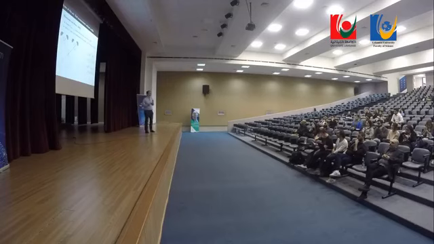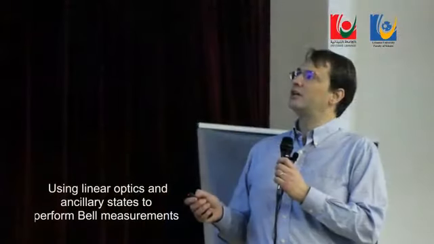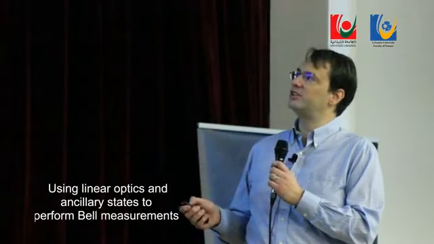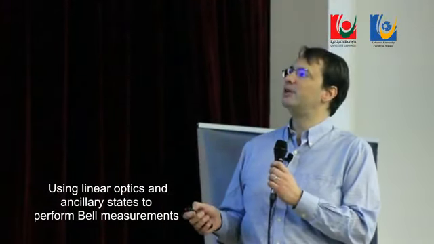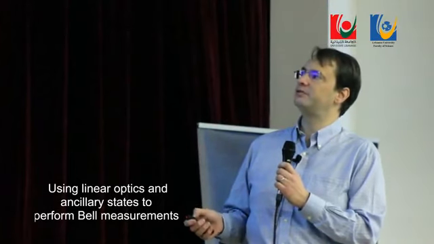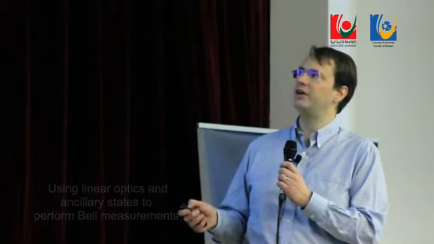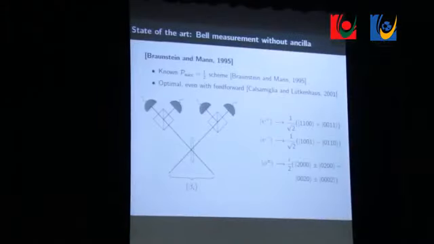So what was known before the start of Andrea's internship? There is a setup which is known, actually a simpler version of that. The simplest thing you can have is a 50-50 beam splitter here, and let's forget about those, just one detector here and one detector here. If you encode your bits into polarization, then just by symmetry consideration, if you have at the input the state psi minus, the two photons end up in two different beams.